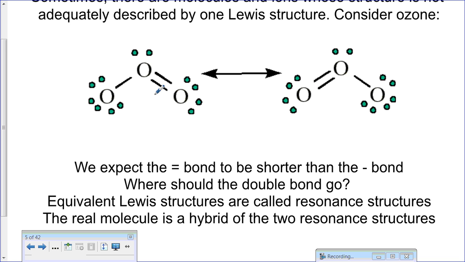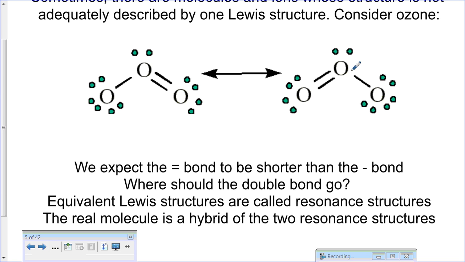We're not going to focus on that too much. All I need you to know for right now is that resonance means that this double bond, which is really not quite a double bond, it's sort of a hybrid bond. But when you draw your Lewis structure, you can either draw it on the right side of the molecule or on the left side of the molecule.